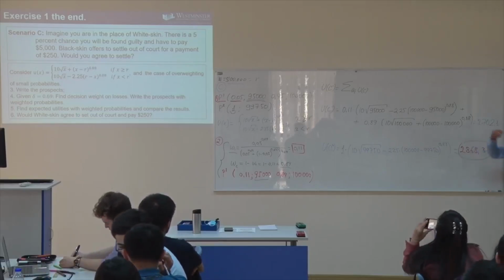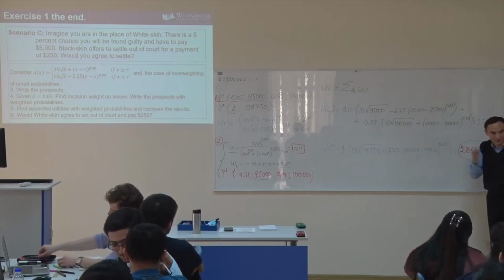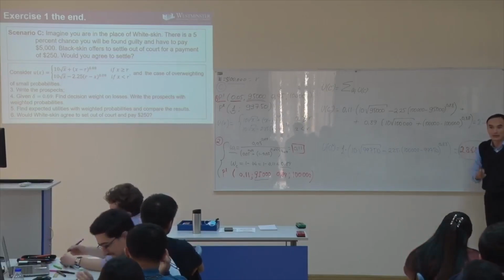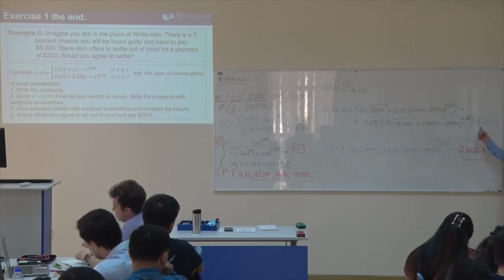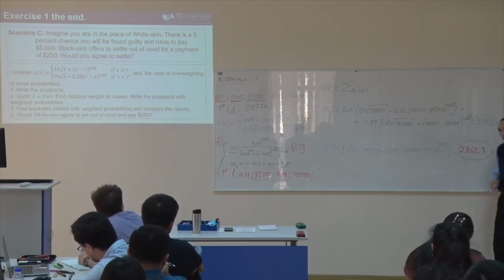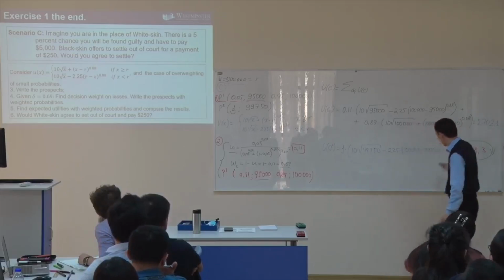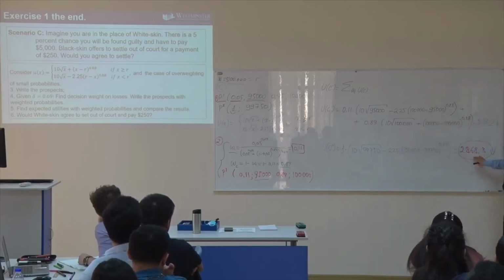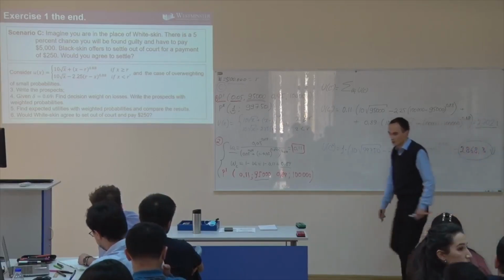Let's suppose we have it in the exam: writing yes or no for everyone, 50-50 probability, will not be counted as the right answer if you don't have these numbers. So the answer is yes. He will agree and pay 250 because expected utility is larger. He will not go to court because his expected utility is lower if he goes to court.